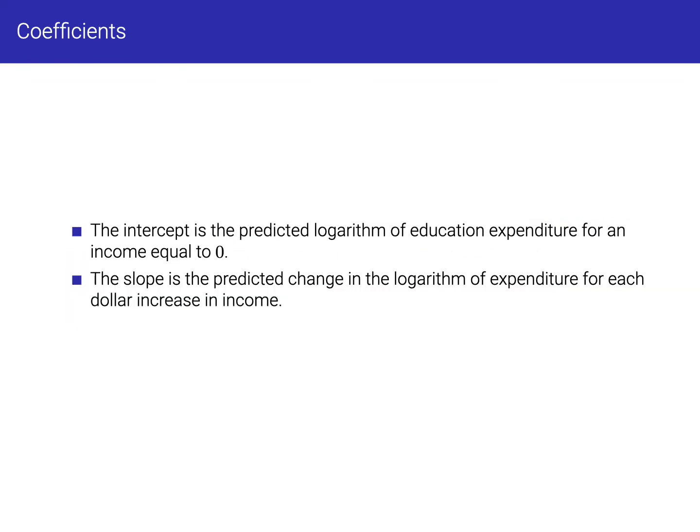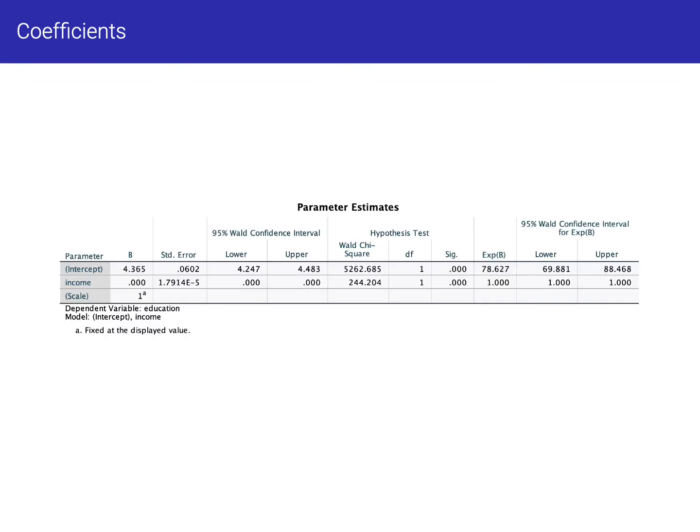So let's talk about the slope. The slope here is the predicted change in the logarithm of expenditure for each dollar increase in income. So if we come back here, unfortunately it is very low in this data set.